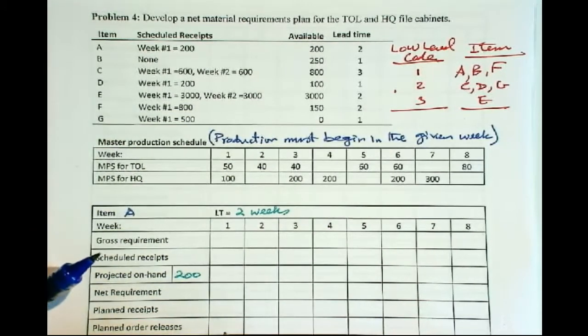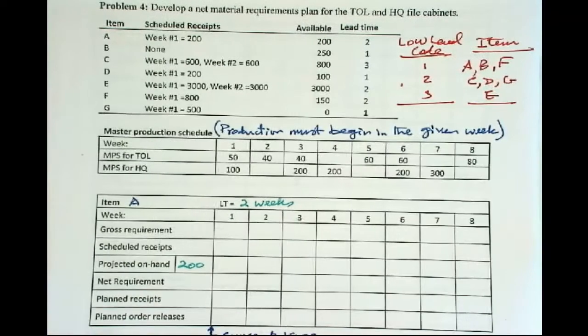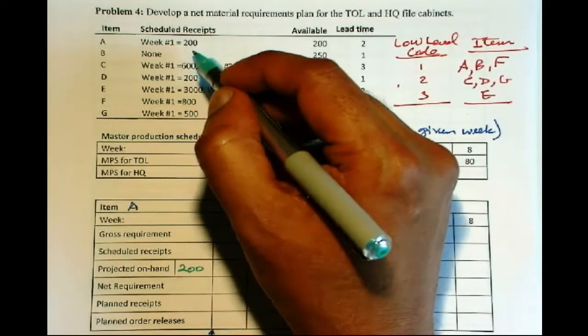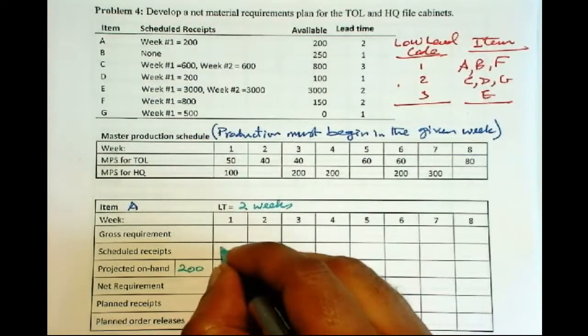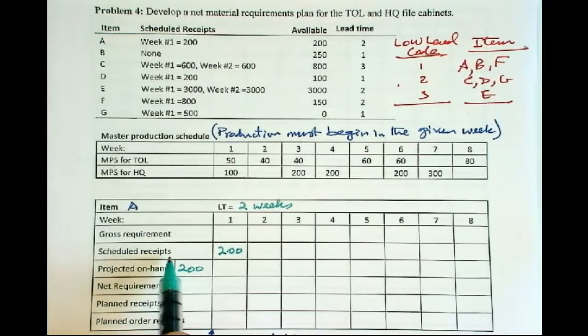This is the current time. So that's available on hand. Okay. And in addition, we are also expecting 200 units to be available in week 1. So that's our scheduled receipts.